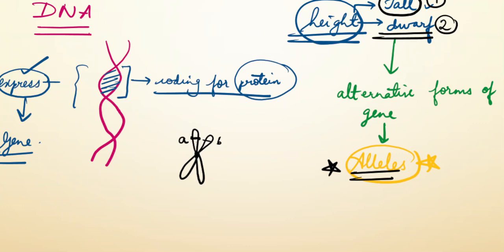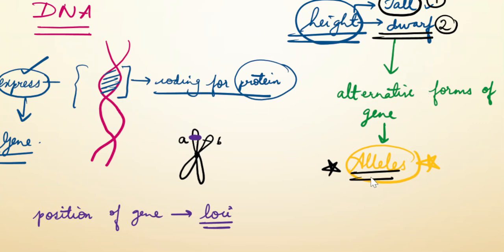If the A gene is located here, their alleles will also have the same location. Wherever the gene is located, that position we say as loci, or we can say location.